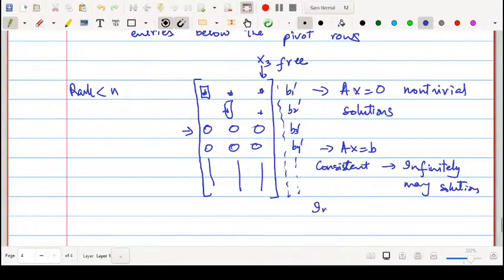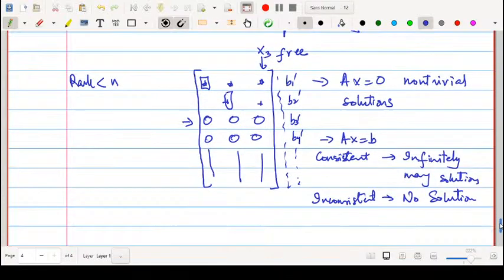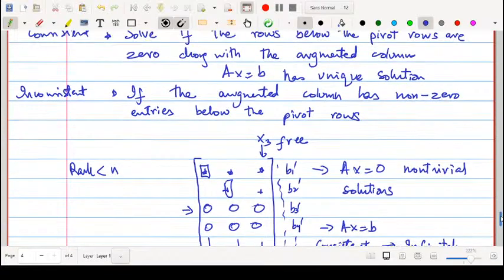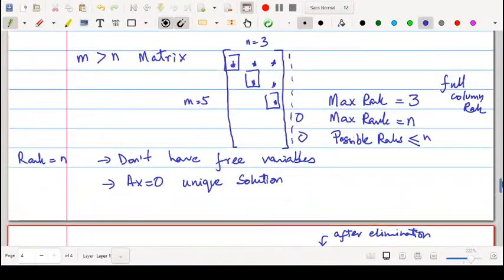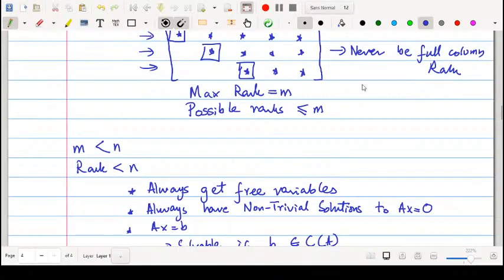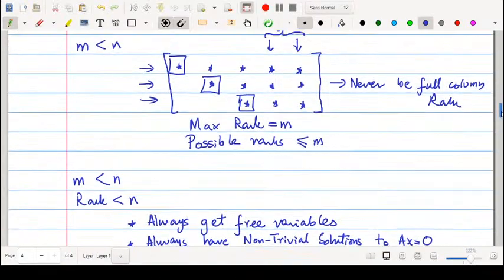But if you have an inconsistent system, then of course you don't have a solution. And that's I think the entirety of the theory of linear systems right there. We've talked about all kinds of systems, including square systems, and it seems like we're almost done with talking about linear equations.